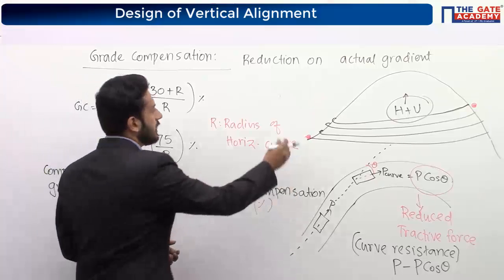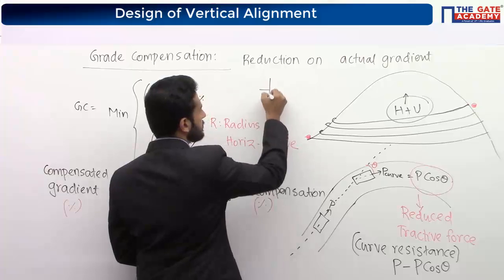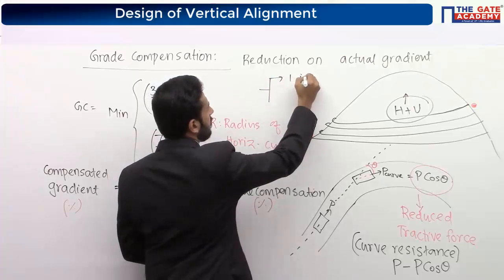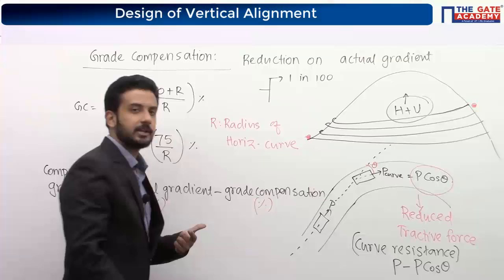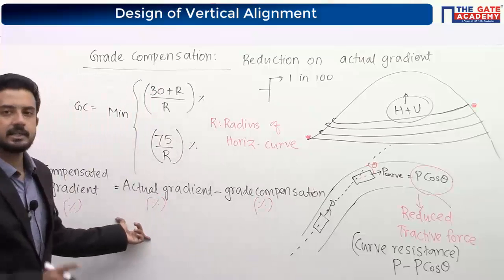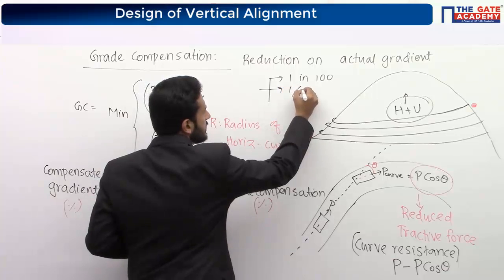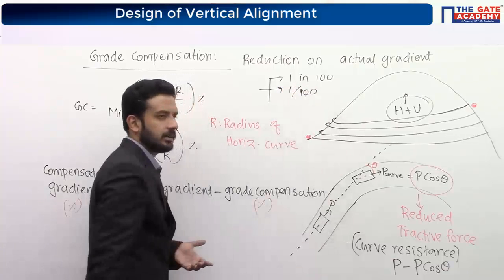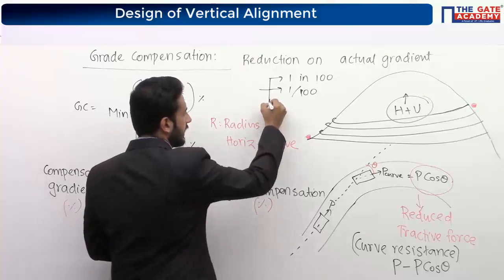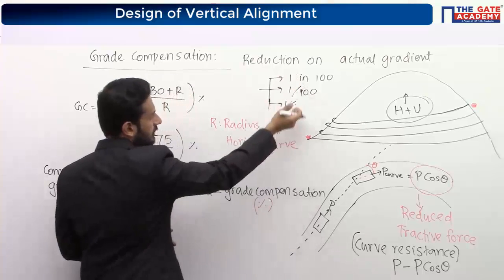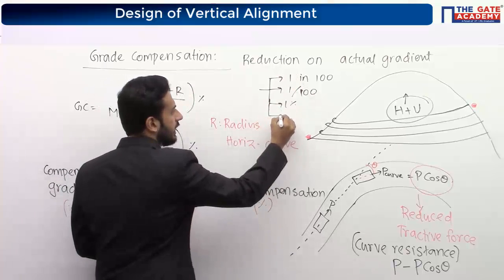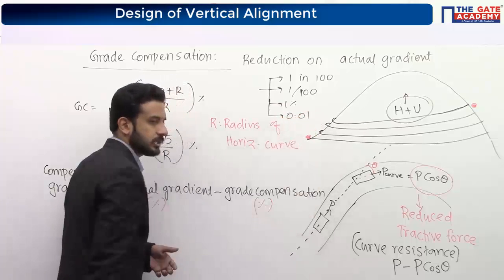I can express slope in various forms. 1 in 100, which means it is 1%. You have to convert into percentage. I can tell the same thing as 1 by 100, that is also the same. Or they can express directly in percentage, that is also the same. Or they can tell it as 0.01, that is also the same.